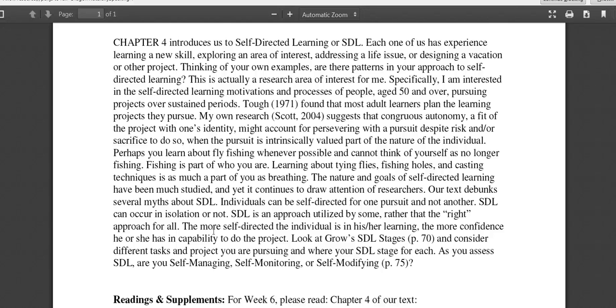So you get a very different role when the person is highly self-directed and interdependent in the purposeful pursuit of interests, much different than where the individual starts out, that might be very dependent and want high direction from an educator and have a clear step-by-step map of what to do next in the learning path. So Grow gives us the stages of self-directed learning.